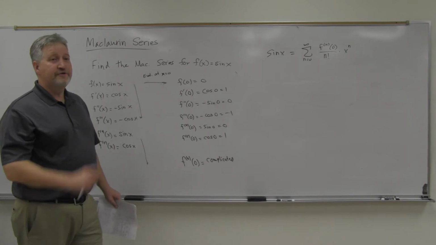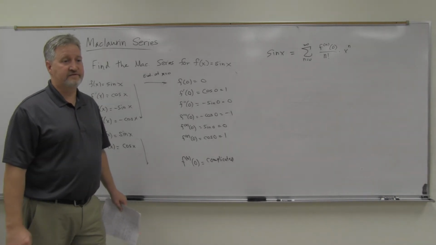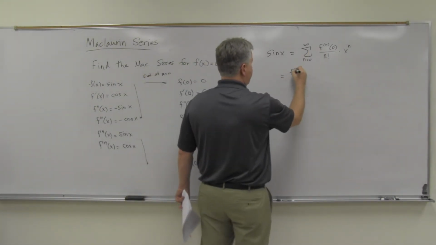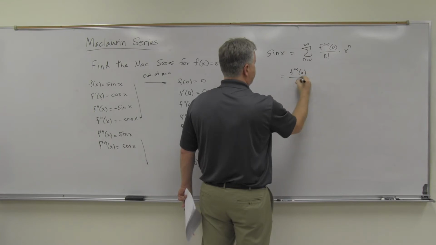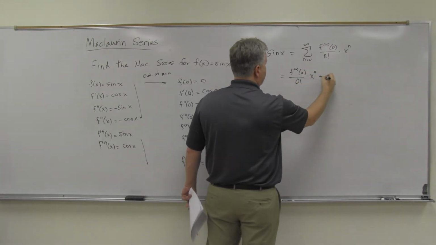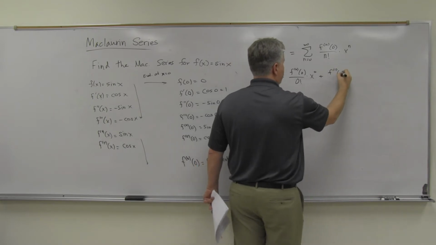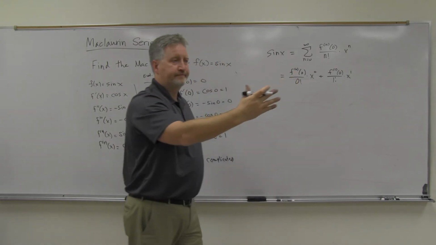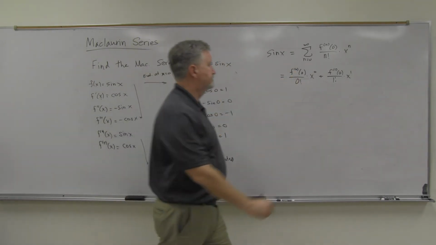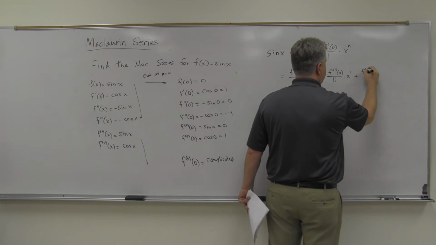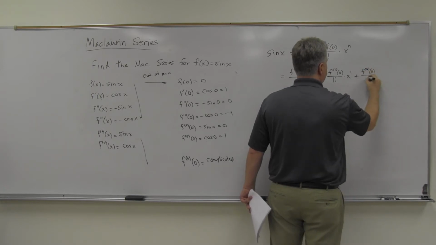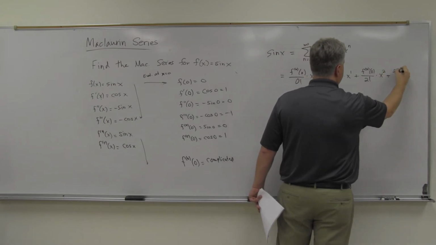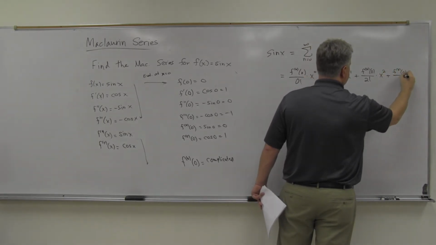So let's go ahead and just write out these term by term, because if we do the f of 0 over 0 factorial times x to the 0, and then the first derivative at 0 over 1 factorial times x to the 1, just write out term by term, then I think we can maybe see a pattern going on here. Don't know how many it'll take, but let's just do a few of them.